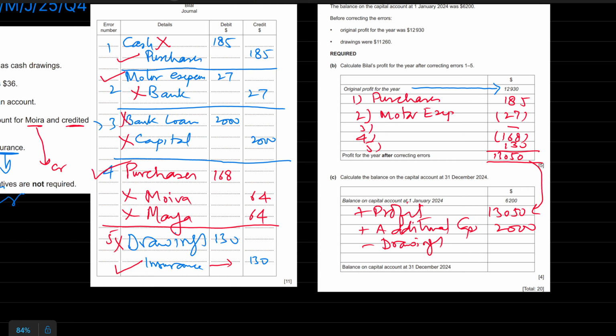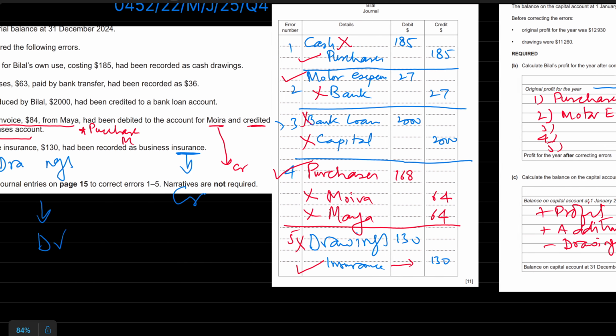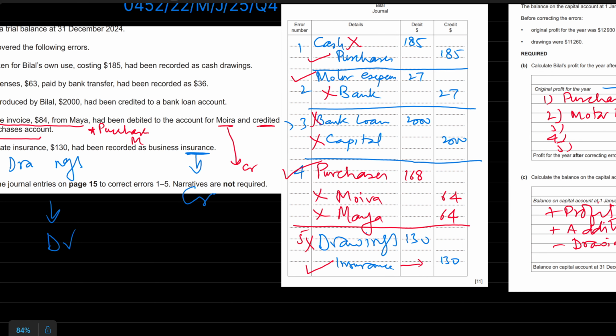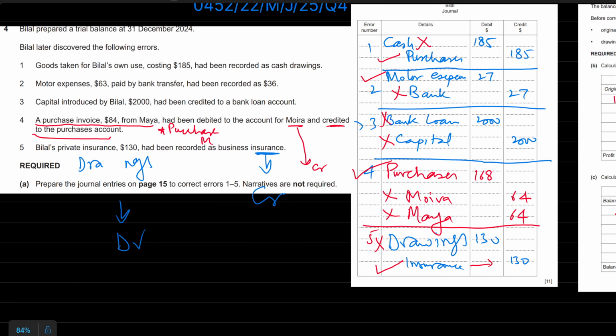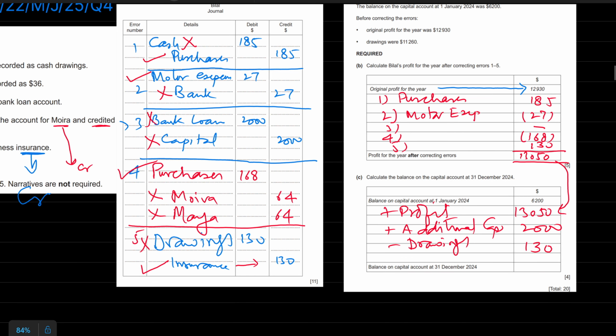Drawings, $130. And cash drawings are also given as 11260, minus 11260.